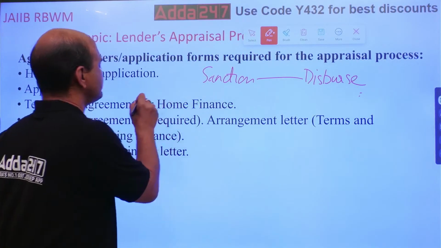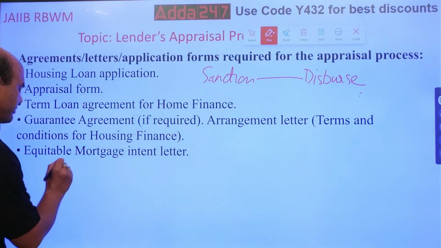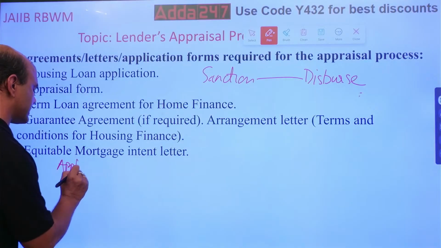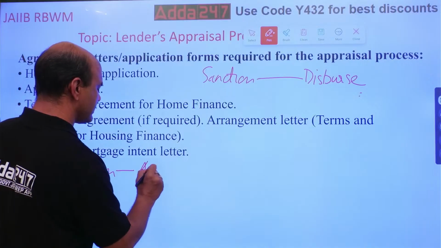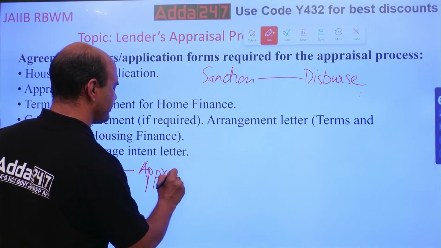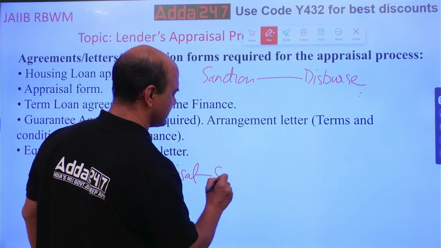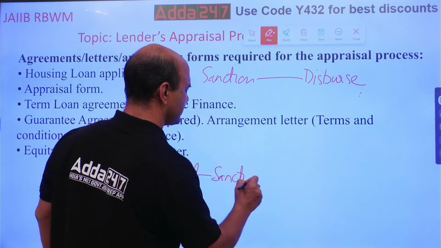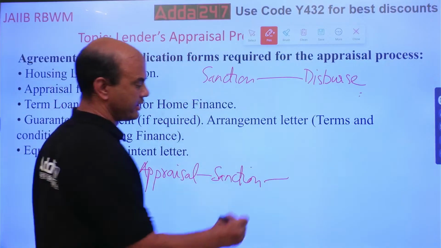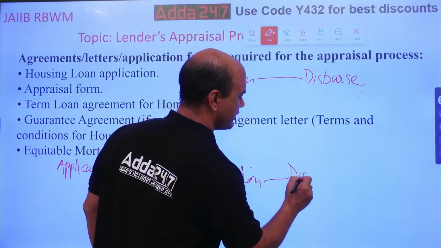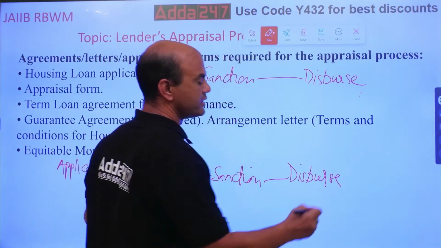First is the application form, then second is appraisal, then third is sanction, fourth is your disbursement. And the last one is monitoring.